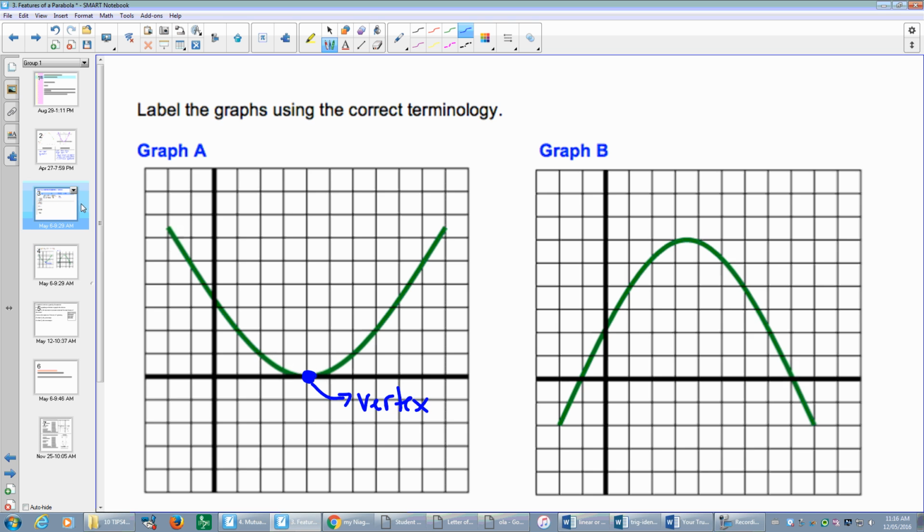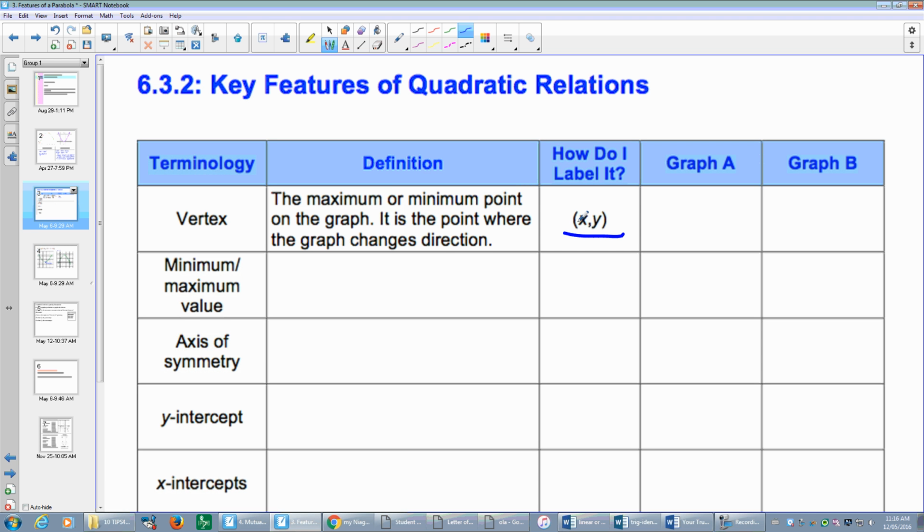So I label it x, y. So instead of me putting x, I'm going to put a number. And instead of me putting y, I'm going to put a number. Very good. 4, 0. So please copy that down.